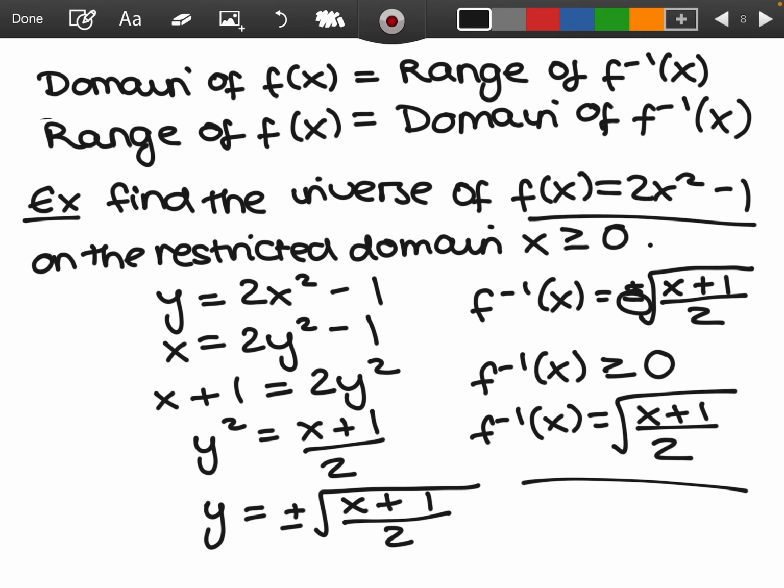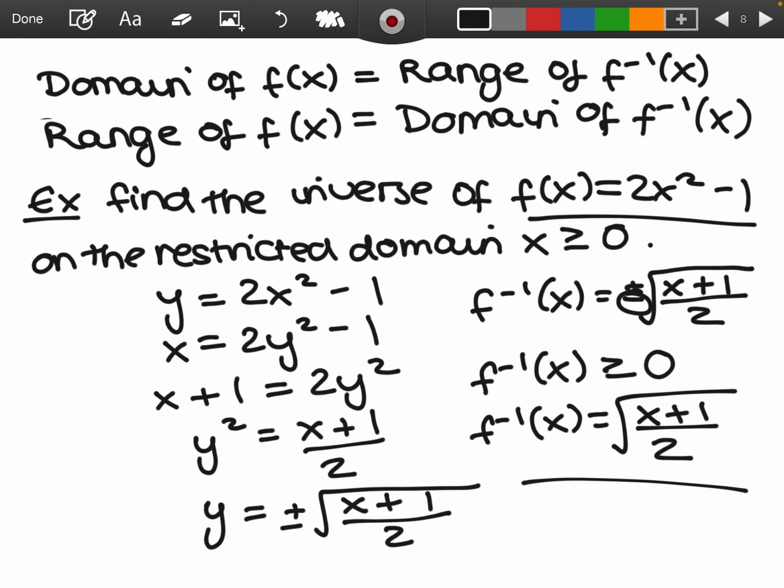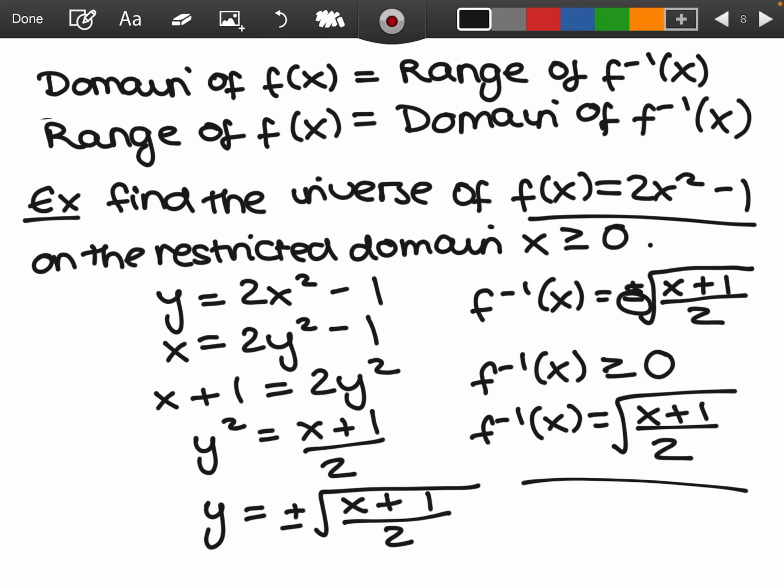My domain of this, remember, I cannot square root a negative number. So I can only square root this if the number under that square root is 0 or greater, meaning that my domain is -1 up to infinity, because if x is anything less than -1, it makes the number under the square root negative, which I can't square root. So my domain of f inverse is -1 up to infinity.